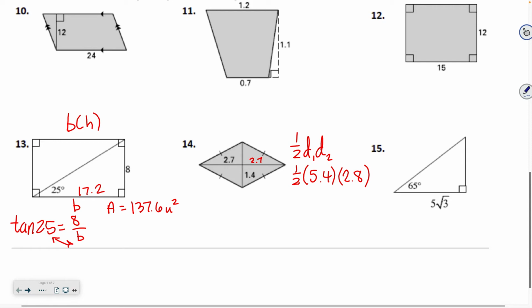Does that make sense? Okay, Will Phillip, let's say that Miss J wanted you to find the perimeter of number 14. Do you have any of the sides? No. What would I use to find the side length? Pythagorean theorem. Because the diagonals of a rhombus are what?